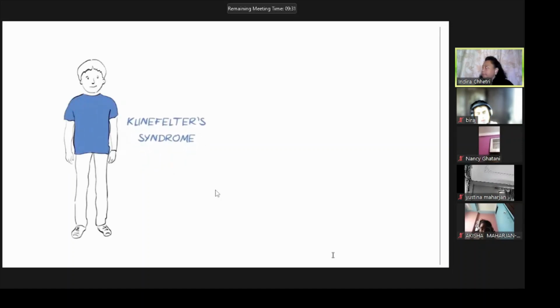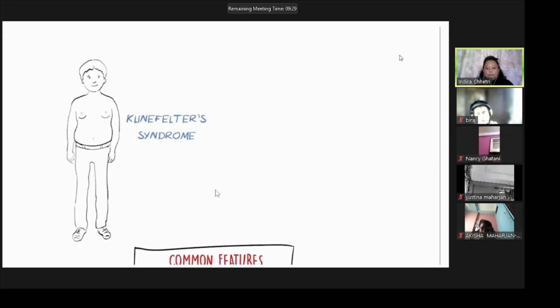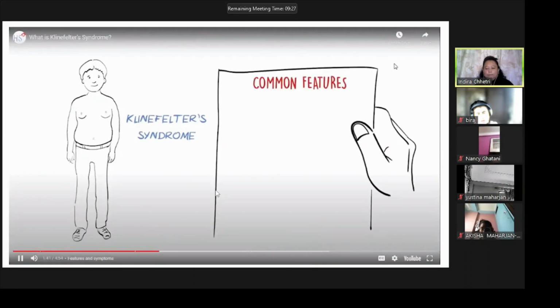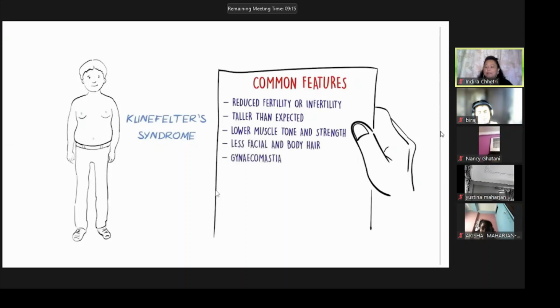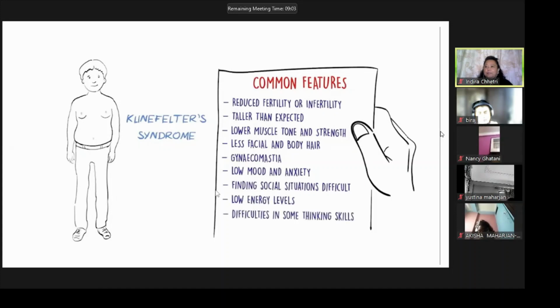However, the lower levels of testosterone and the extra chromosome can lead to some of the following features: reduced fertility or infertility, being taller than expected and with slight changes to body shape, lower muscle tone and strength, less facial and body hair, sometimes more breast tissue called gynecomastia, low mood and anxiety, finding social situations difficult, low energy levels, difficulties in some thinking skills used in daily life, such as planning, focusing attention, and juggling tasks.